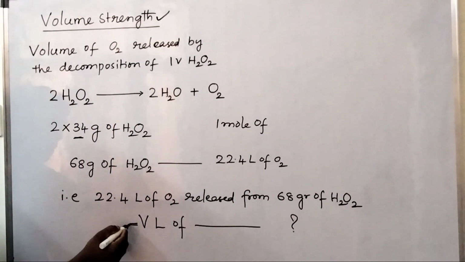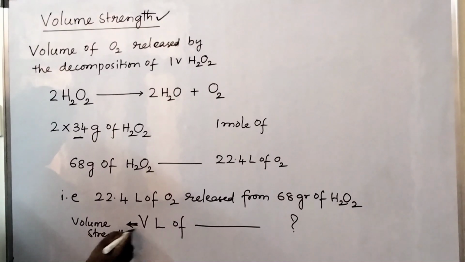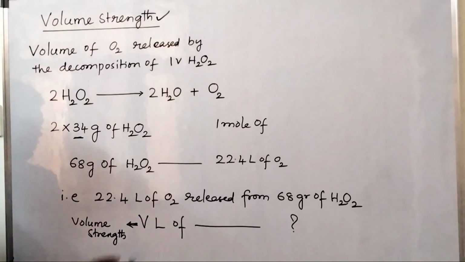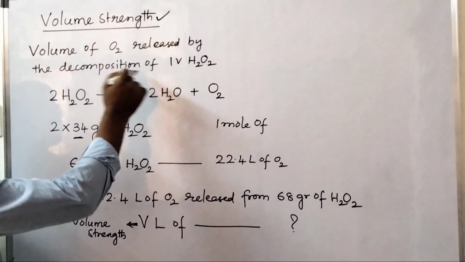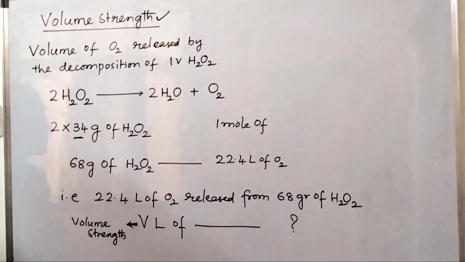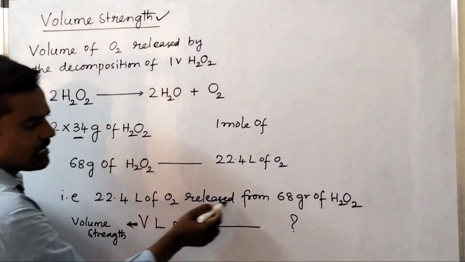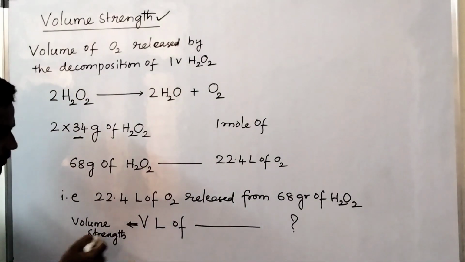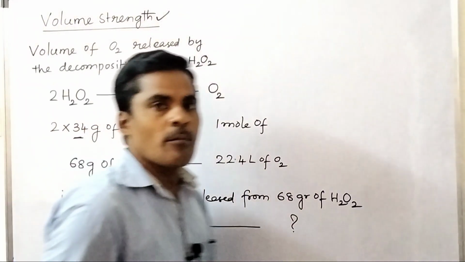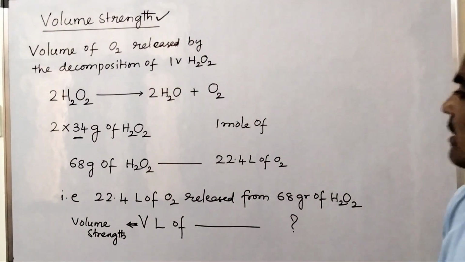This V is called the volume strength, the volume of oxygen released by the decomposition of 1 volume of H2O2. Now, 22.4 liters of oxygen is released from 68 grams of H2O2, and V liters of oxygen is released from how many grams of H2O2? Now cross multiply.